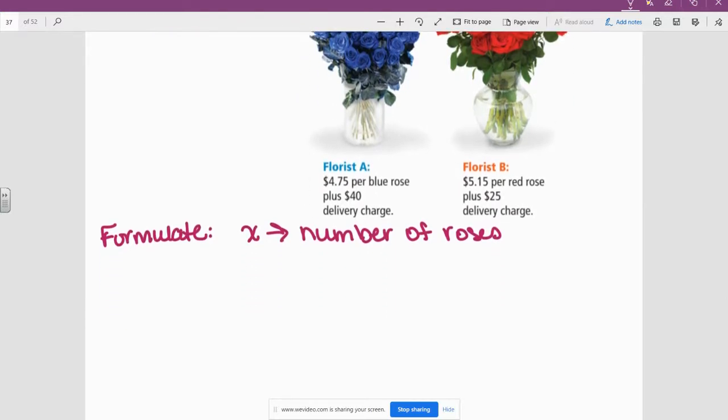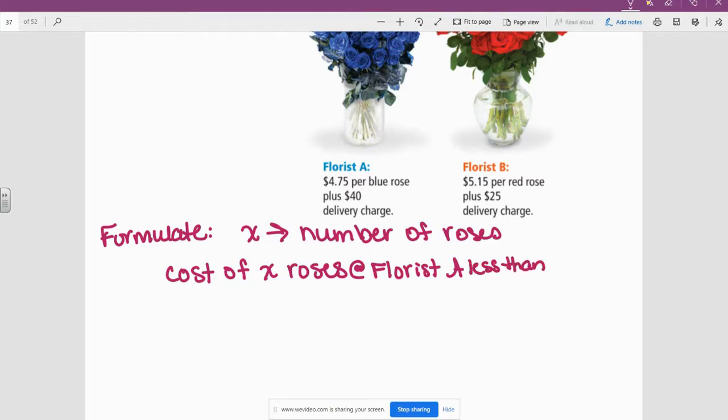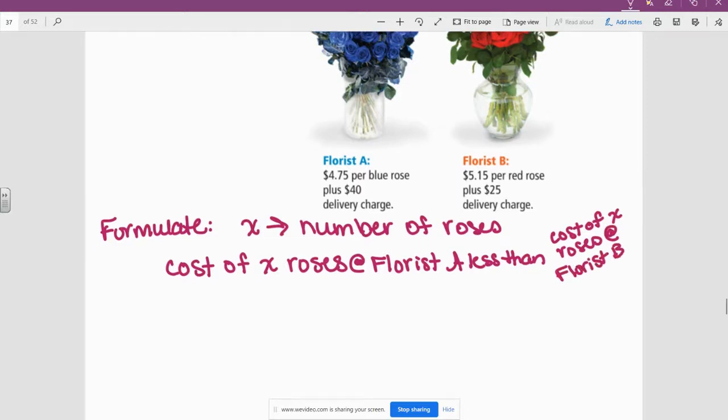On this side, we want the cost of x roses at florist A. We want to know when that's less than the cost of x roses at florist B.